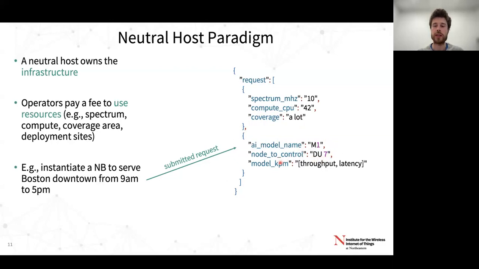And this model takes as input the throughput and the latency of this specific DU, and then maybe wants to enforce some control that is related to these two metrics. So for example, you might want to serve some enhanced mobile broadband service, or some other service that requires very low latency, and then they can deploy this model to send out some control action that can enforce this specific intent.